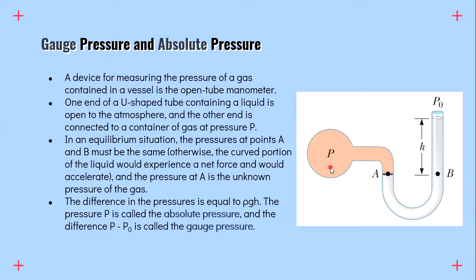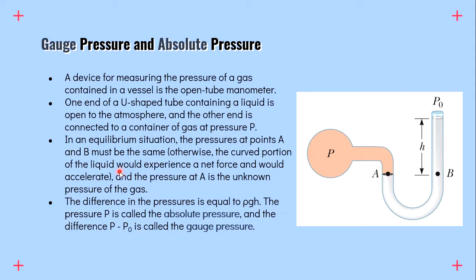One end of the U-shaped manometer is exposed to the gas inside a vessel, while the other end is exposed to the atmosphere. In an equilibrium situation, the pressures at point A and B must be the same, if they're on the same level, because they're the same fluid.